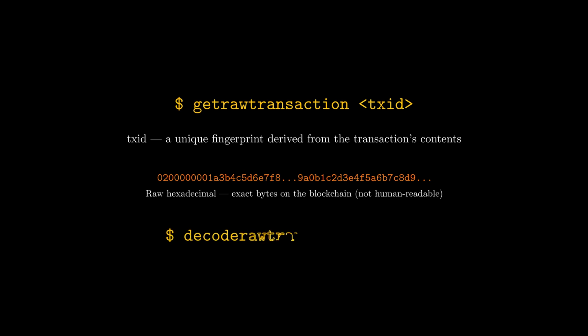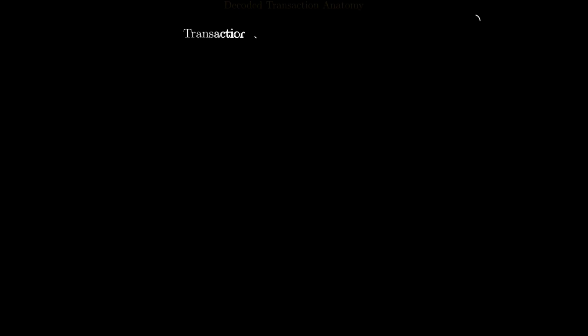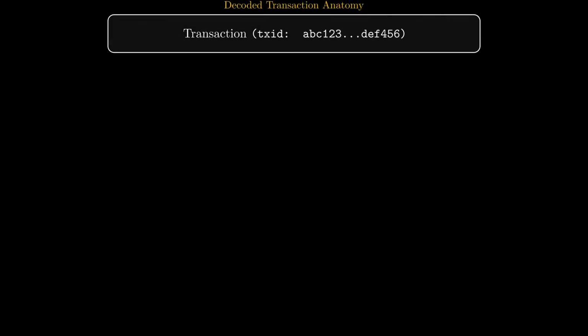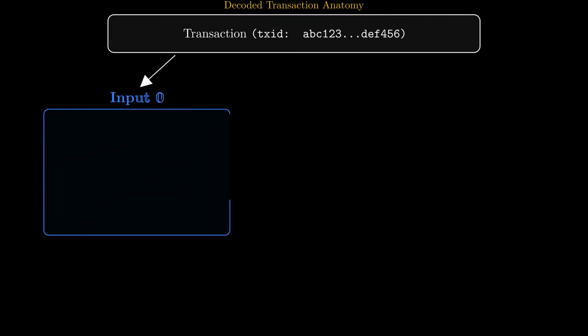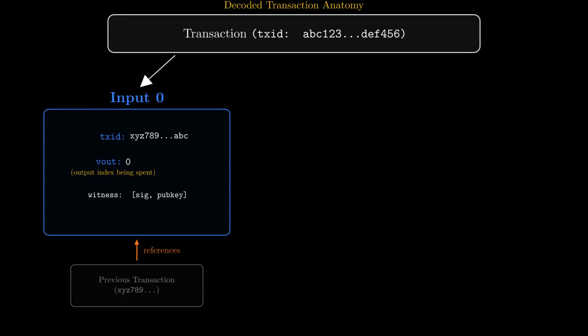Feed that hex into decoderawtransaction. Now you get structured JSON showing the transaction's full anatomy. On the input side, each input contains a field called txid pointing to a previous transaction, and a field called vout, the output index from that previous transaction being spent.